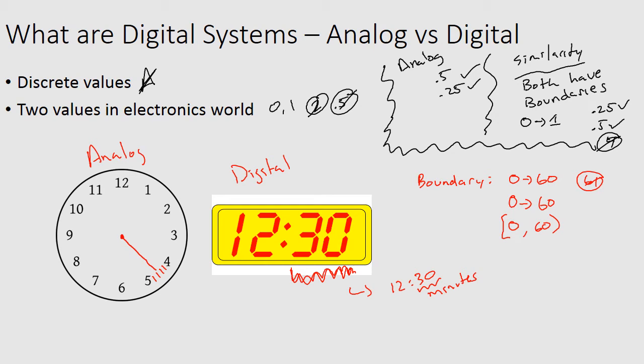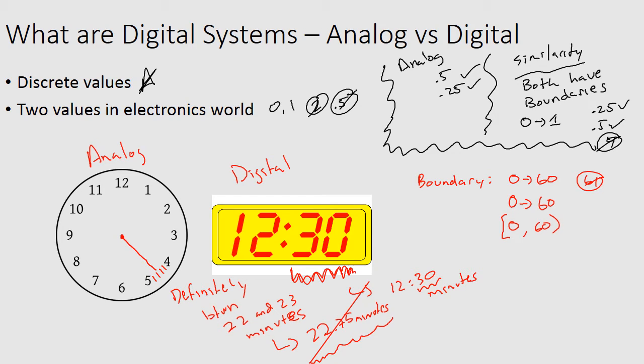However, if we take a look at our analog clock, what we can say is that it is definitely between 22 and 23 minutes. However, I can estimate that to be 22.75 minutes, and that is totally legal because it is within our bounds of 0 to 60 in our analog world. And hopefully that somewhat clarifies the differences between an analog and a digital world, or a digital system.